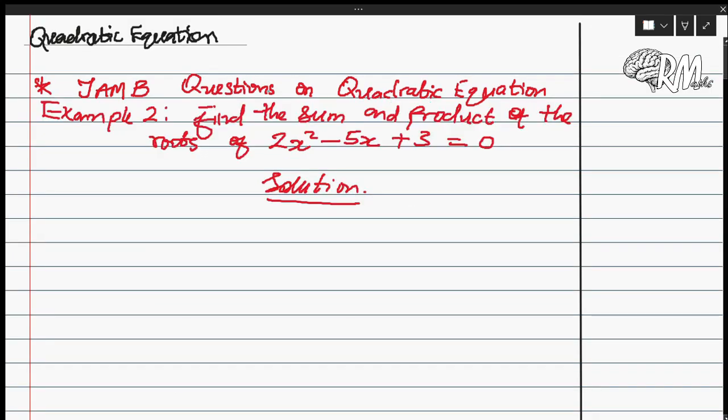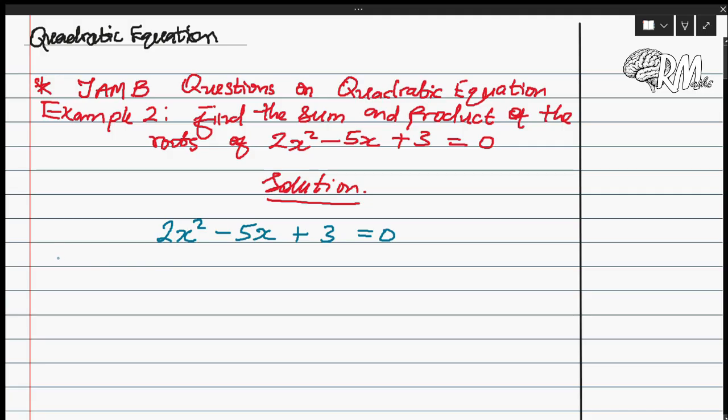Now the second question under JAMB on quadratic equation, which says find the sum and the product of the roots of 2x squared minus 5x plus 3. So I have 2x squared minus 5x plus 3 equals 0.